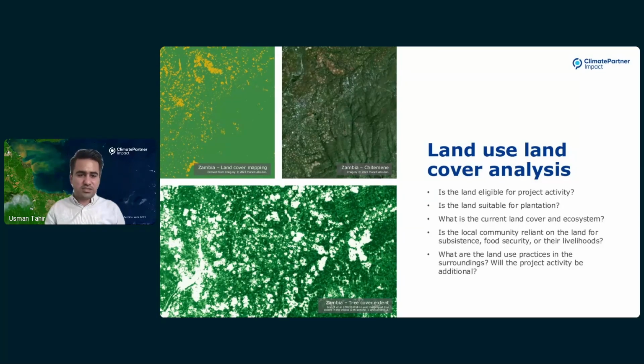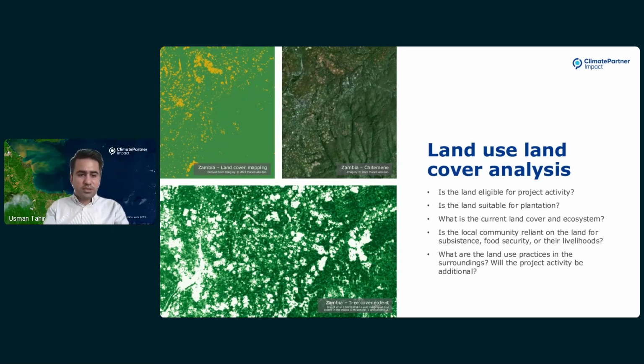So in this left top corner, you see the existing land cover of that project site to see what is actually on the ground. Is it forested area? There is no forest. So the green one shows a type of vegetation, and the yellow ones indicate that there are some non-forested areas.